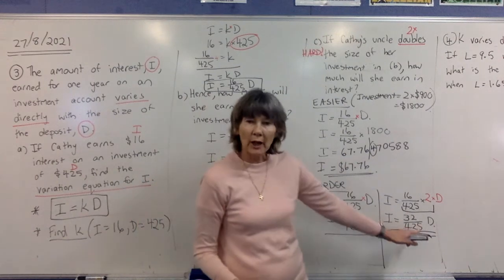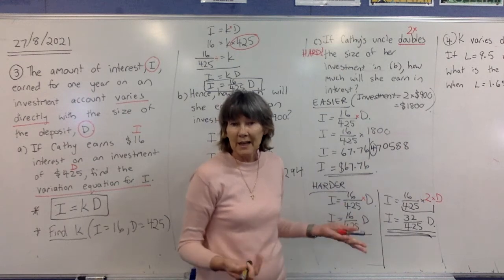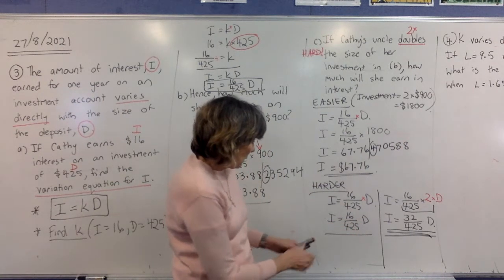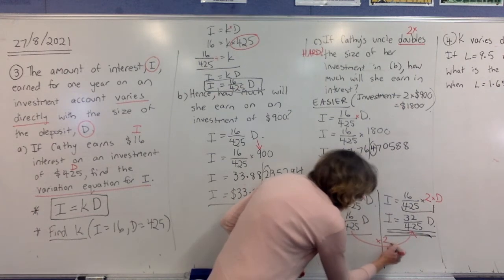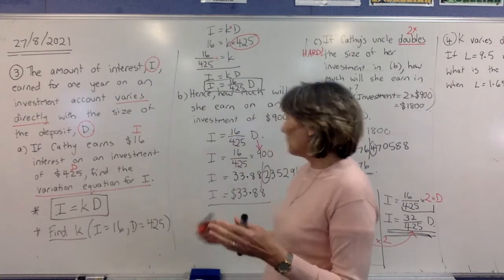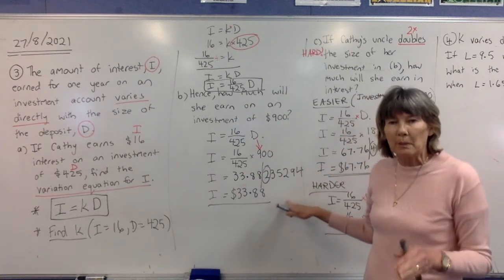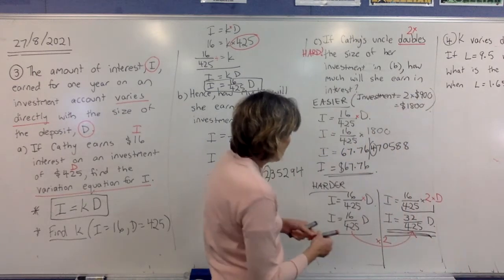So yes, that fraction did change, and what happened is it doubled, okay? To go from here to here, it actually was just a straight out timesing by 2. So in other words, if we looked back here at the interest we earned, we could just double that and get our final answer.